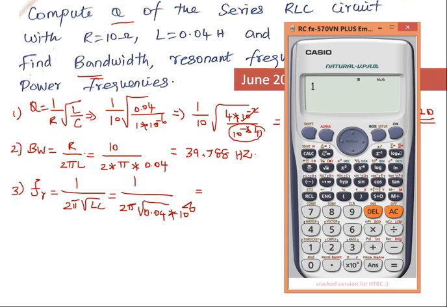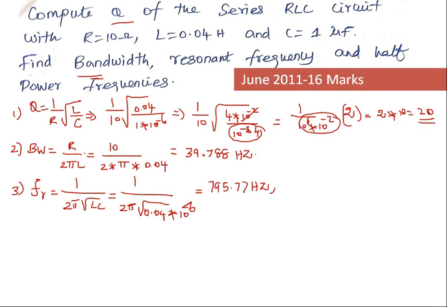Using calculator, 1 divided by within bracket 2 pi into root of 0.04 into 10 power minus 6 should be equal to 795.77 hertz, which is equal to resonant frequency. So this is the resonant frequency value FR 795.77 hertz.